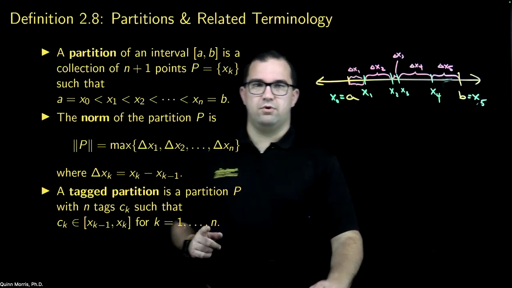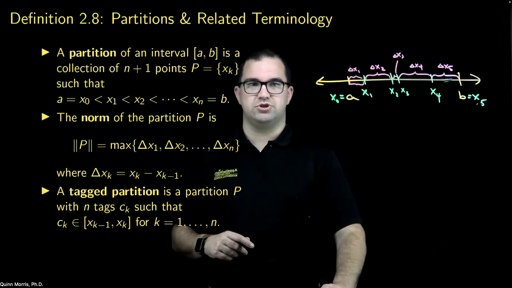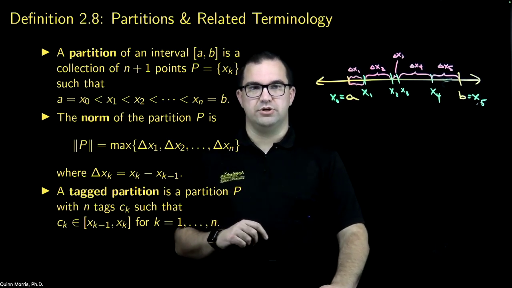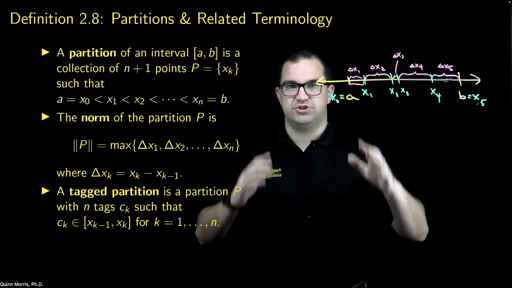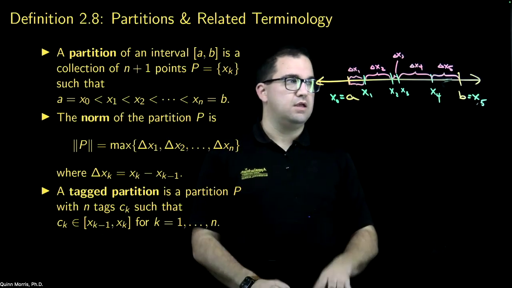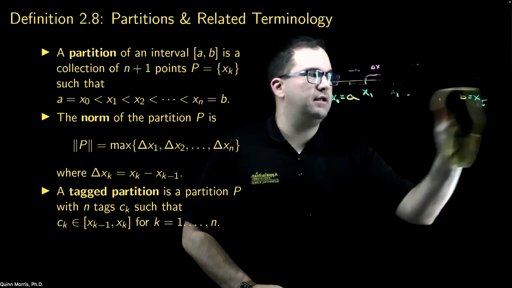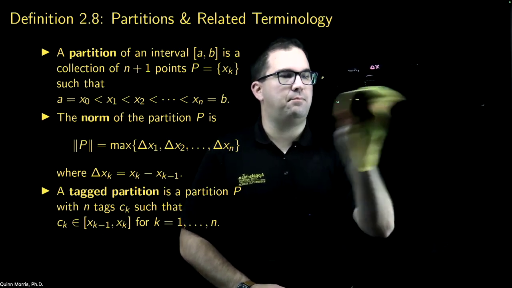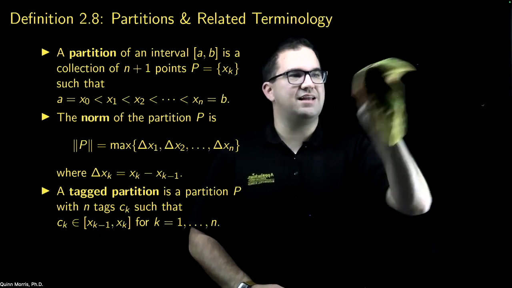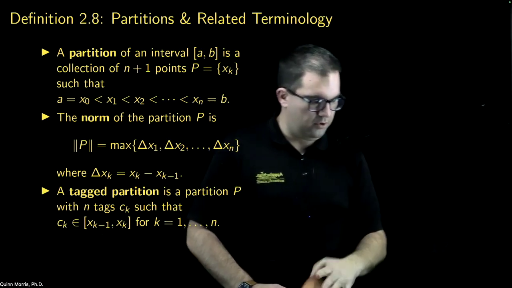Now, the final thing we want to define is a special type of partition called a tagged partition. A tagged partition is just that you take a partition, and once you have that partition, you pick a set of tags to go with it.